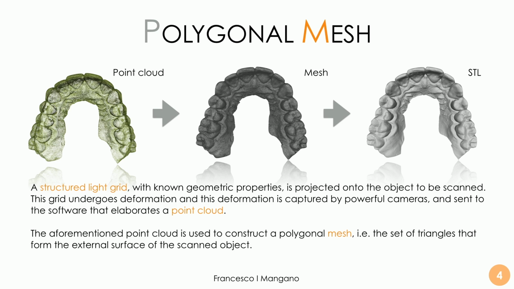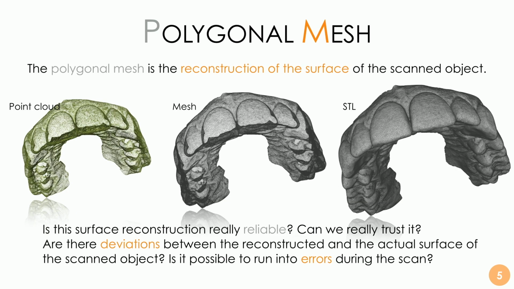The cameras send all information to the software, and the software re-elaborates, thanks to very powerful algorithms, a point cloud, and then this point cloud is used to construct a polygonal mesh through a process that is called interpolation. So a mesh is a set of triangles that form the external surface of the scanned object. So we are talking about a 3D reconstruction of the surface of the object, obviously, and not the whole object. We are talking about surface reconstruction.